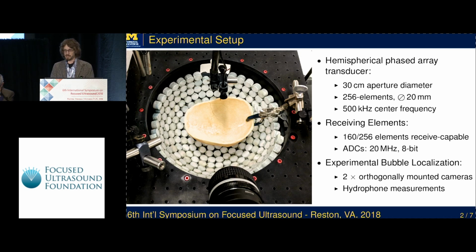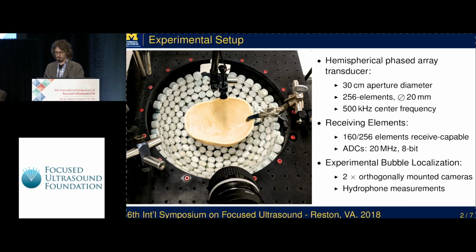Of those 256 elements, we use 160 as receivers to receive the emission signals from those shock waves, so that we localize bubbles based on those received signals. To experimentally verify the positions of the bubbles that we localize, we measured the position of the focal point using either a hydrophone or images of the bubbles from 2 orthogonally mounted cameras, so that we could measure the 3D position of the bubbles during experiments.